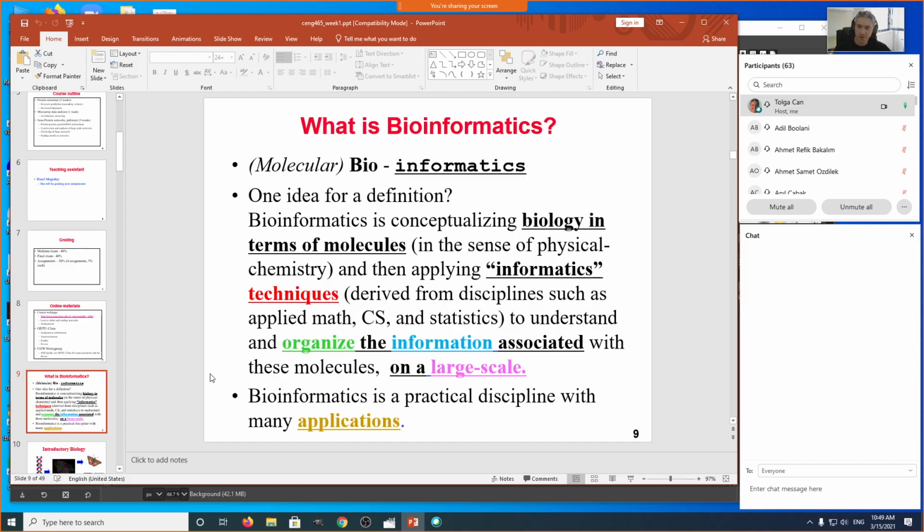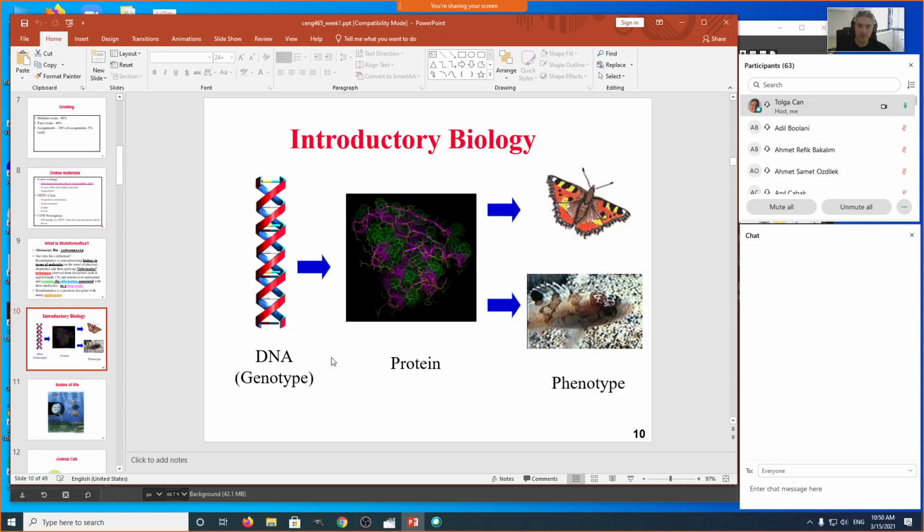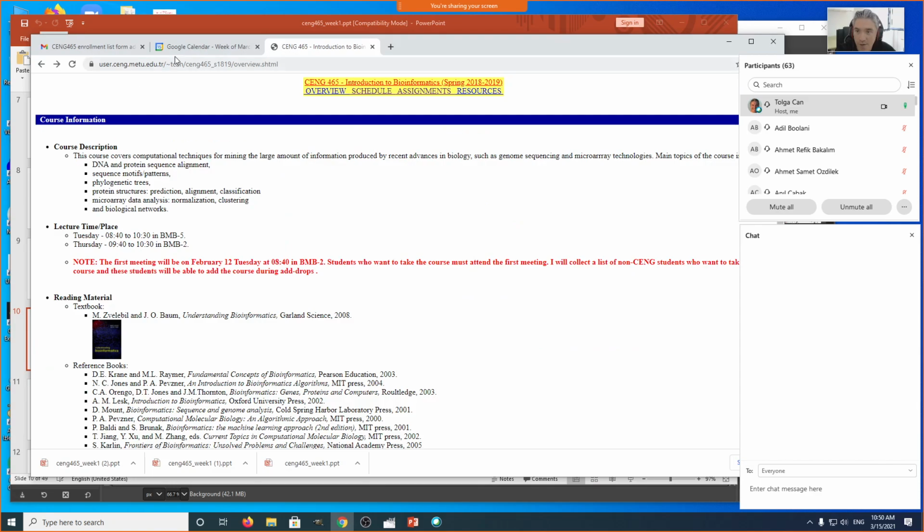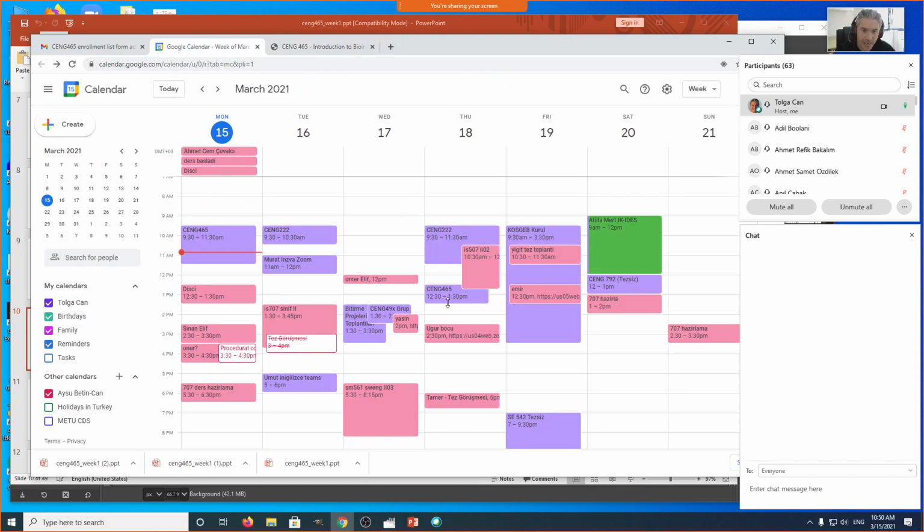So the molecular biology introduction, I'm going to go over these slides, the molecular biology introduction and the introduction to biology, which are targeted towards computer engineering students. I will go over them this Thursday at 12:30. So our second lecture this week is on Thursday.